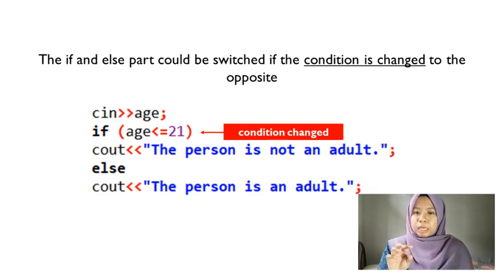But here, when I change the condition to age less than or equal to 21, the statements will be different. Here, if the age is less than or equal to 21, the first statement will be the person is not an adult, and else, if the condition is false, it will be the person is an adult. So you must know that we can switch the condition.